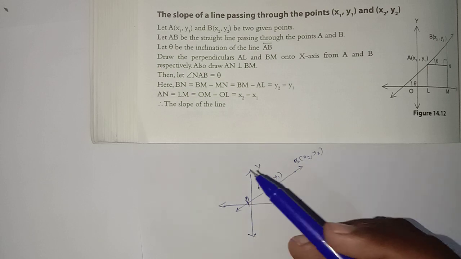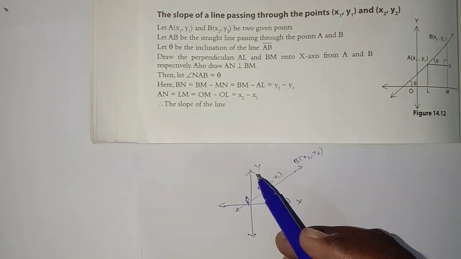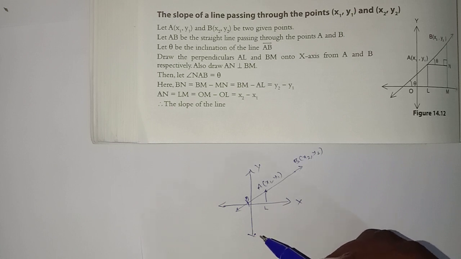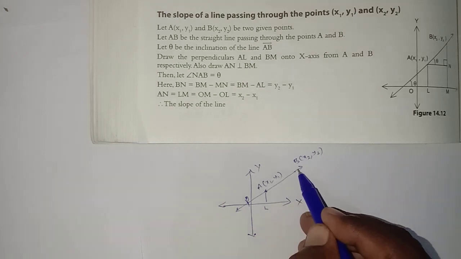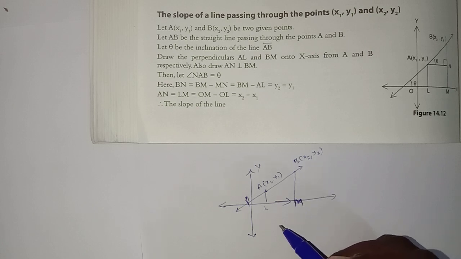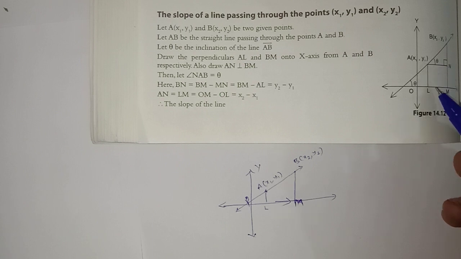Now draw the perpendiculars. A to L is a perpendicular, and B to M, extending the x-axis, is another perpendicular. Look here: AL is one perpendicular line on the x-axis, and BM is another perpendicular line on the x-axis, respectively.